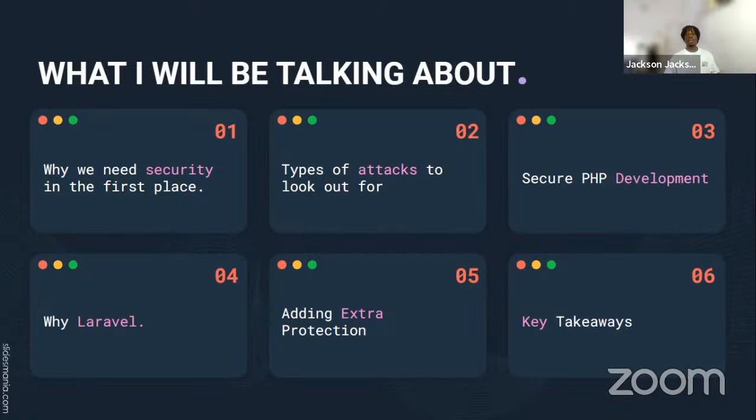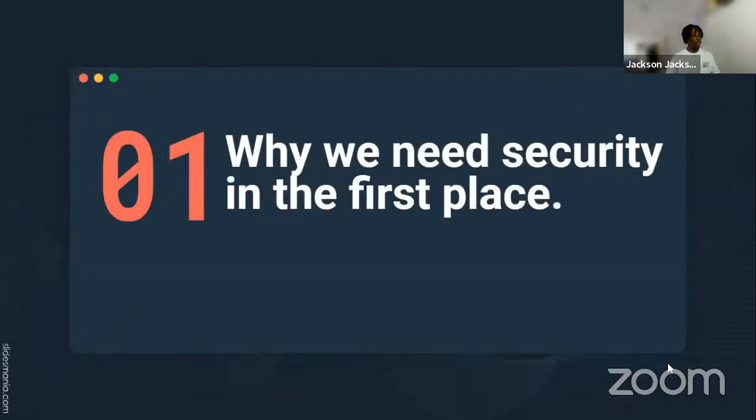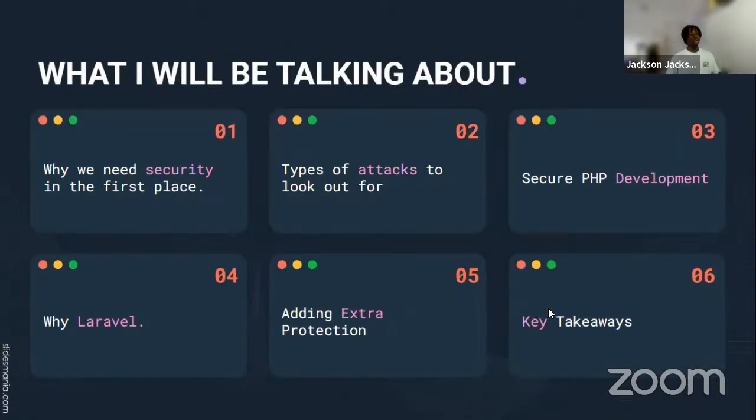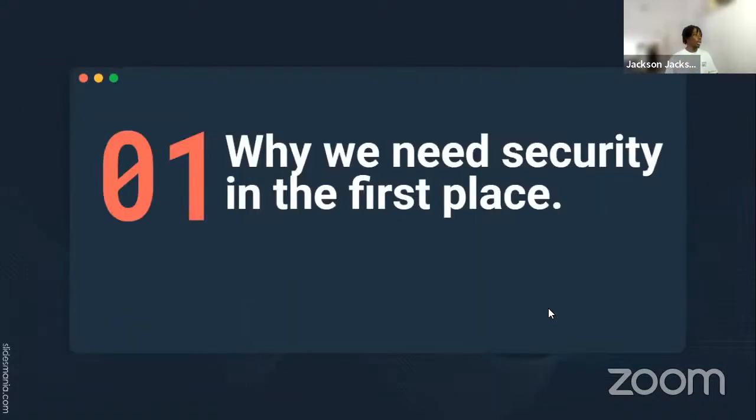I think I've been given about 15 minutes, so I'm going to try my best to stick to time. In about 15 minutes, I'll be rounding off, and so I'll need your attention.